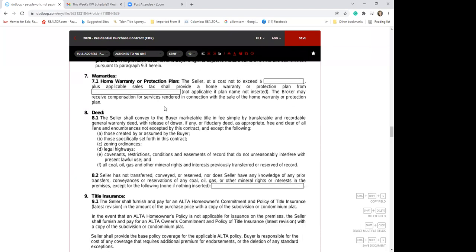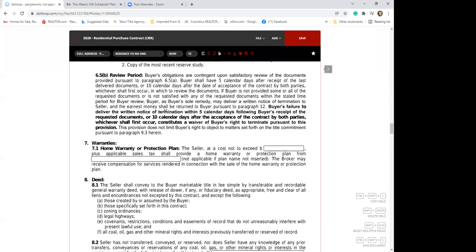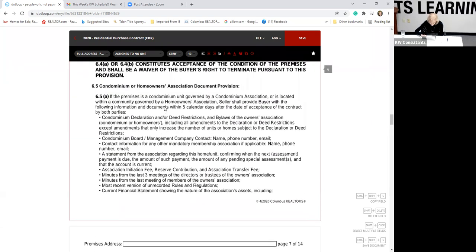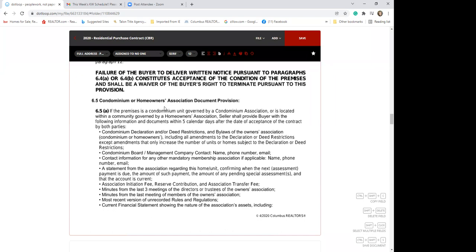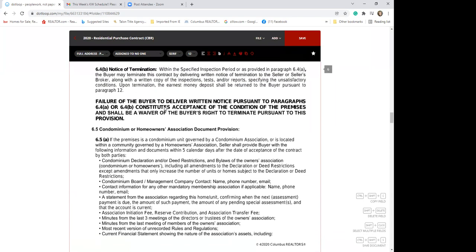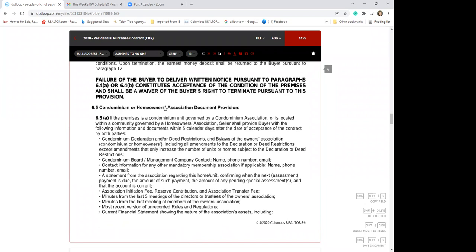Home warranties, know your warranties. Can I ask you to go back real quick? I'm trying to hear you on this. Regarding that paragraph that you just went through, is that only for condominiums? No, that is for, no, wait a minute. If the premises is a condominium or is located within a community governed by a homeowners association.